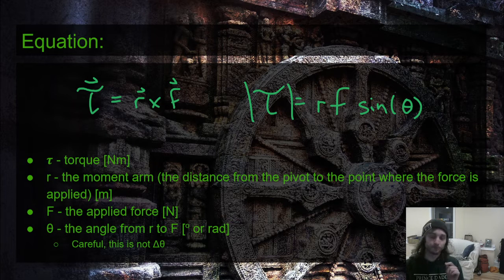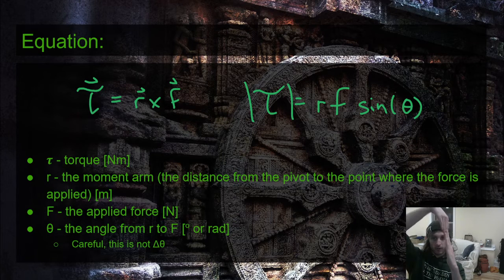What's good to note about that is that when your object is getting pushed such that the two vectors are at a 90-degree angle, meaning you have a radius line on the thing you're trying to rotate, and you're pushing it perpendicular to that radius line like this, in that case you'll get the most torque you possibly can, because the sine of 90 is going to be 1.